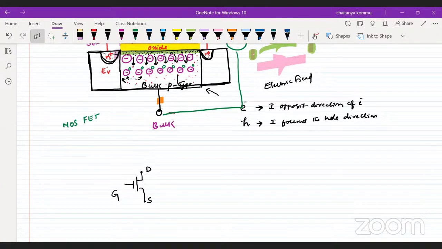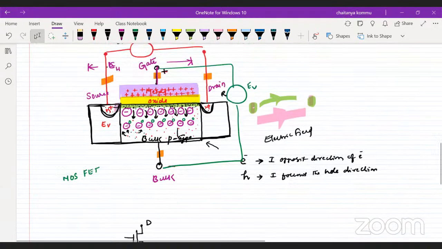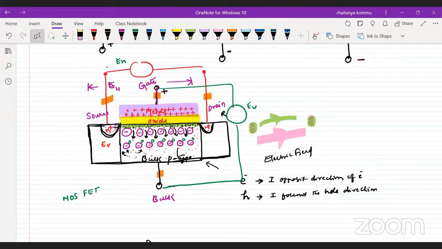Okay, can anybody tell me in the class, if I want to move a carrier from the left hand side to the right hand side, what potential should I apply at the left hand side? What terminal of the battery should I apply here, so that the carrier can move from the source side to the drain side? I want to move an electron from left to right.